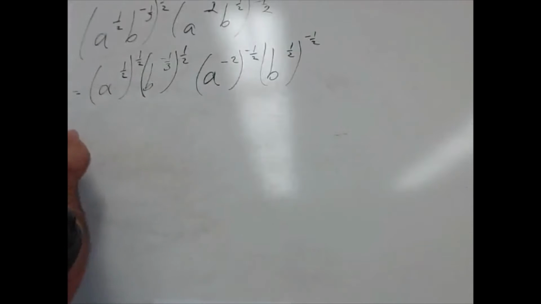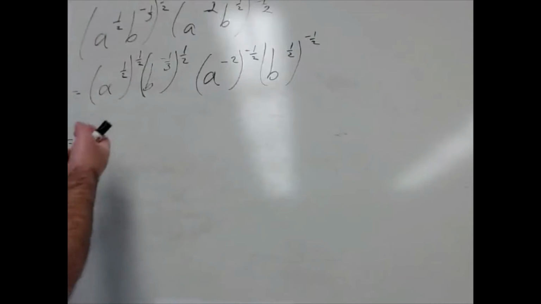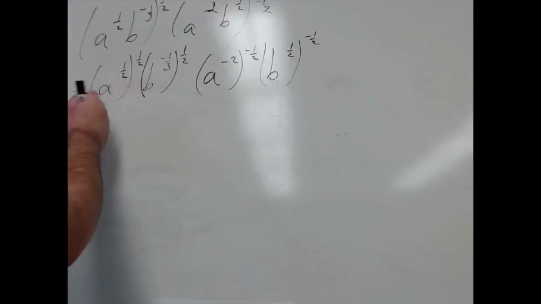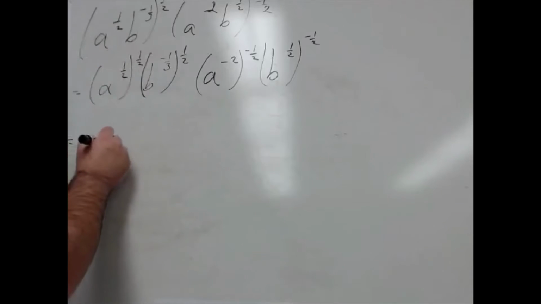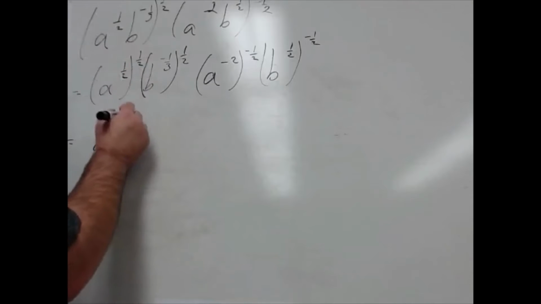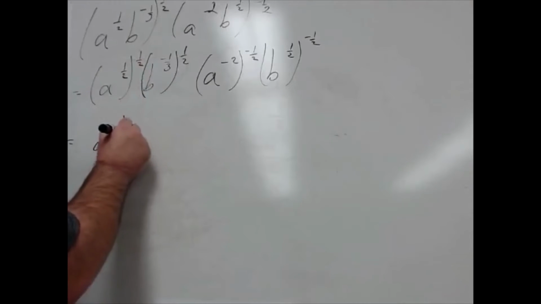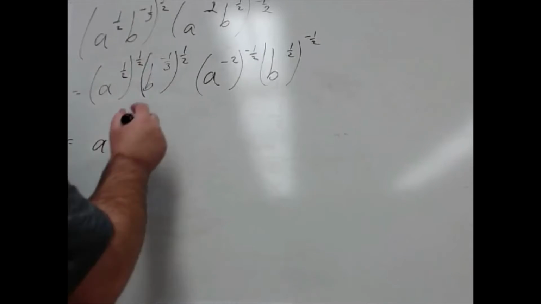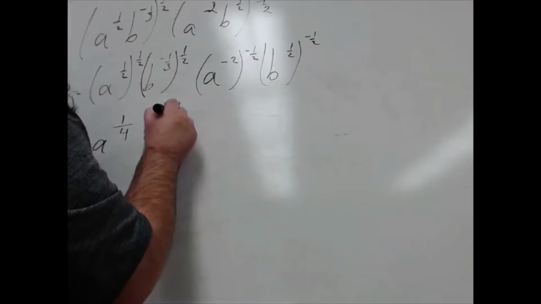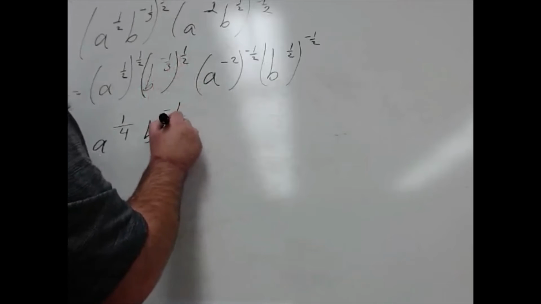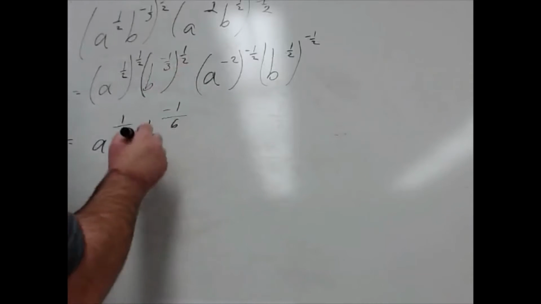Alright, and now we're just using our power of the power rules, so a to the 1/2 raised to the 1/2, I multiply the exponents. So 1/2 times 1/2 is 1 times 1 is 1, 2 times 2 is 4, so a to the 1/4. b, negative 1 times 1 is negative 1, 3 times 2 is 6, so negative 1/6.